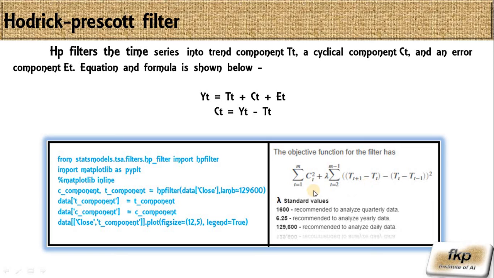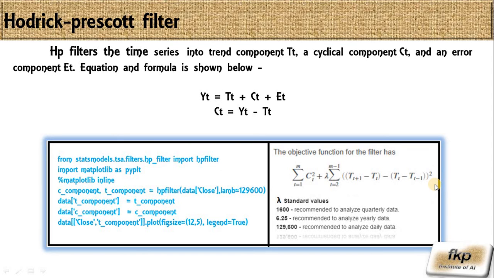Here you can observe second order, meaning we are starting from time period 2 to M minus 1 when we are dealing with the trend component. This particular formula is not just a formula, it is a kind of objective function. In this HP filter algorithm, for a given time series, this function will be minimized.